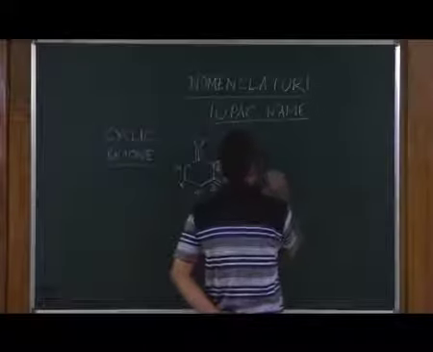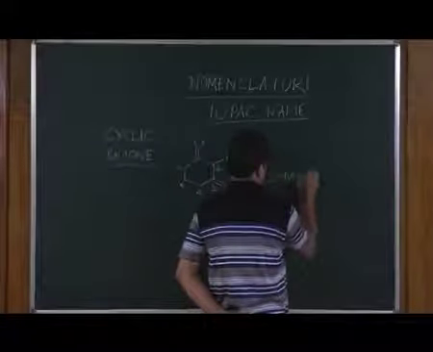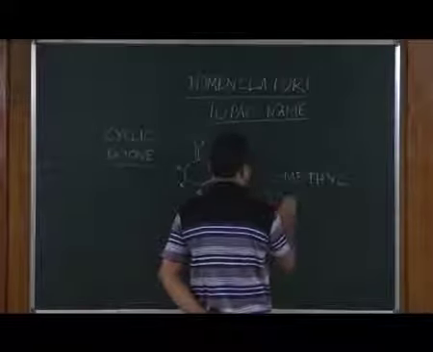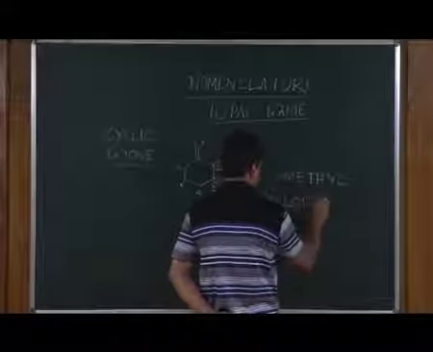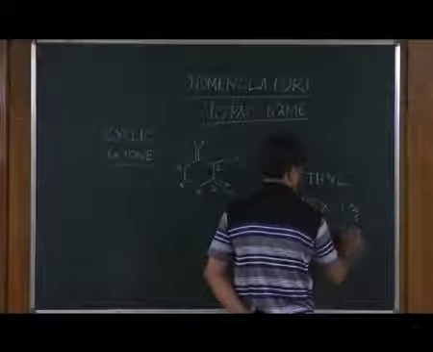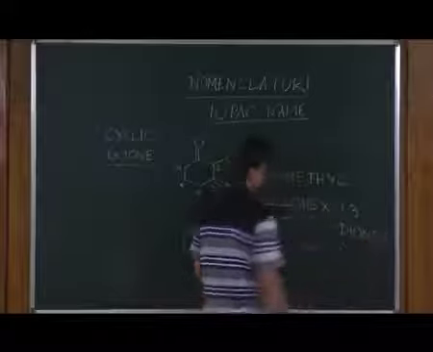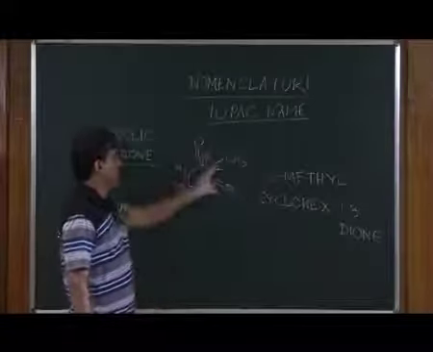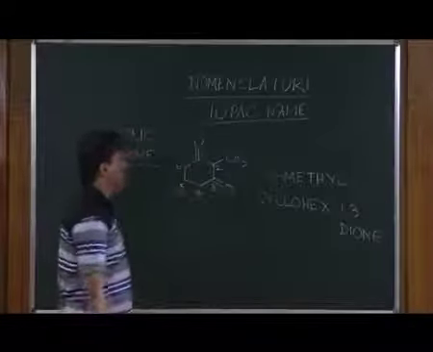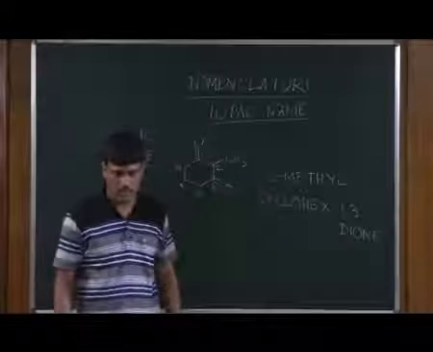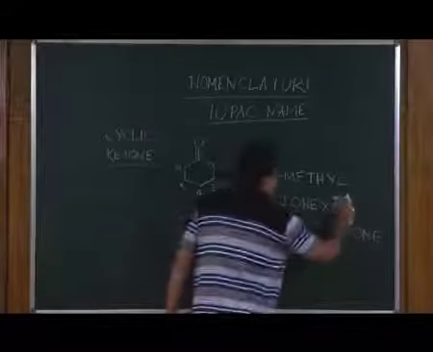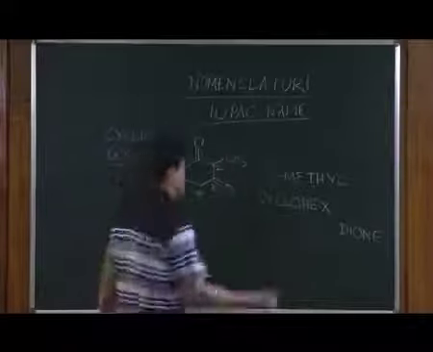So, the IUPAC name will be... here again the position will come, what is the relation, whether they are 1,3 or 1,4. So, the IUPAC name will be 2-methylcyclohexane-1,3-dione.